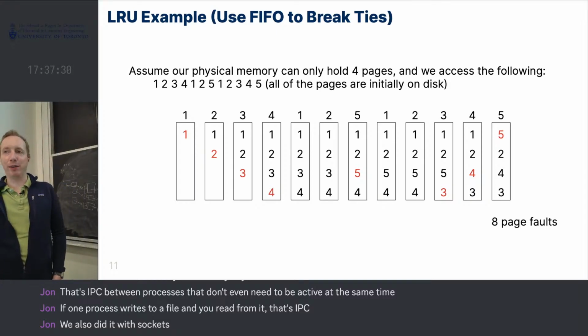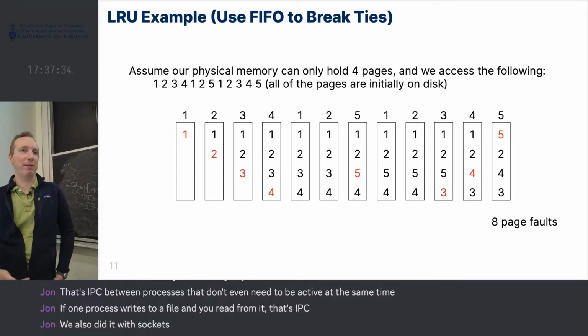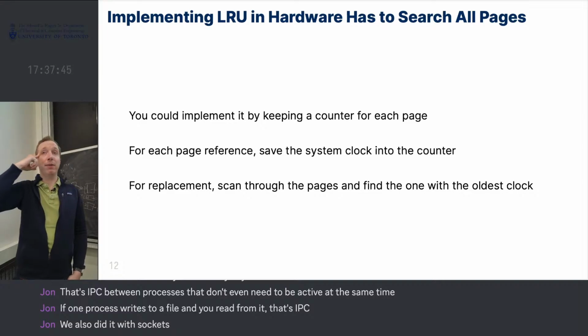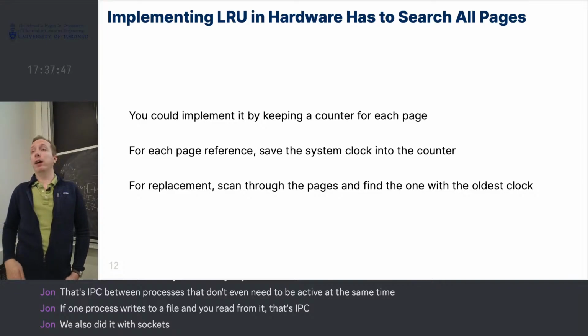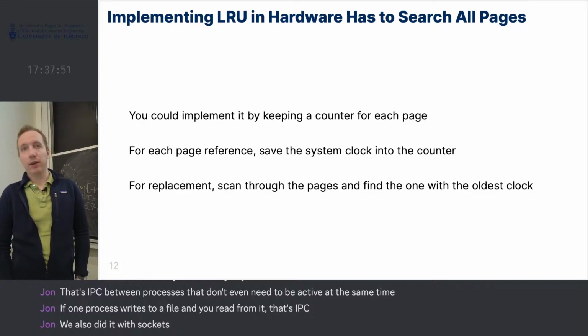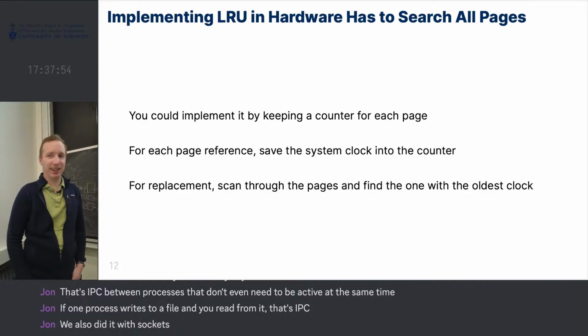Seems like that would be pretty slow, right? I have to scan, that's O(n), and the more pages I have, the slower it's going to get. Also I have to keep track of a counter, which might not be too bad, but ideally I don't want to do that. So the bad part is I have to search all the pages, which is really slow. So it's hard to implement.